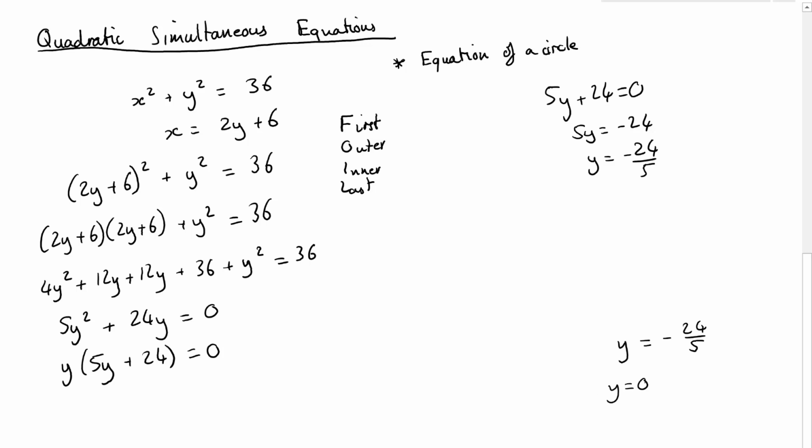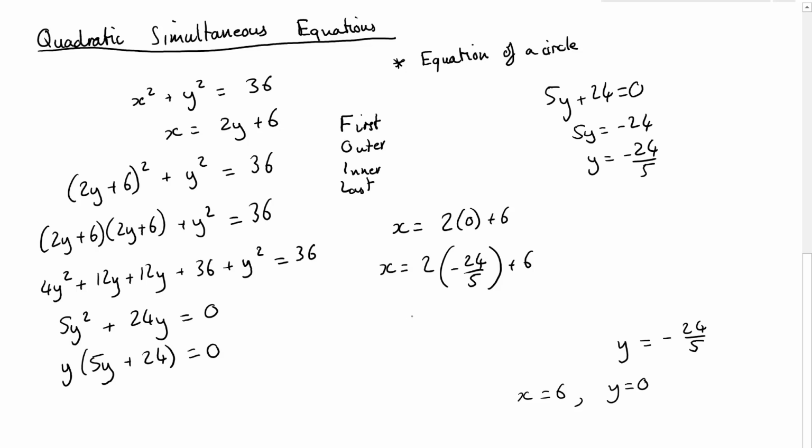So when y equals 0, x is equal to 2 times 0 plus 6, which means x is going to be equal to 6 when y is equal to 0. Now if y is equal to minus 24 over 5, then x is going to be equal to 2 times minus 24 over 5 plus 6. And minus 24 times 2 is going to be minus 48.